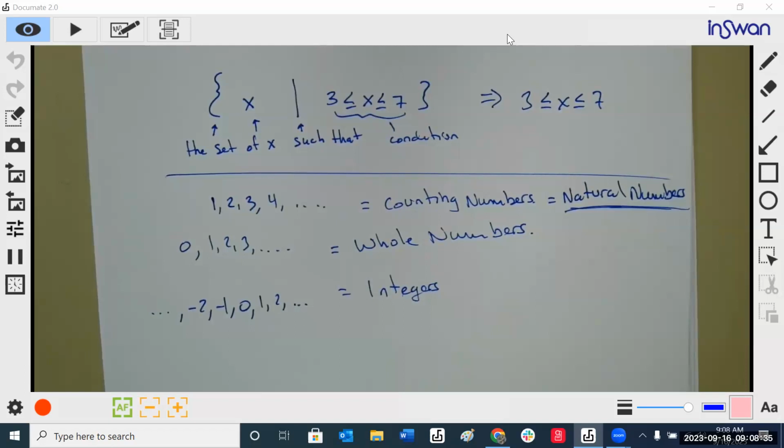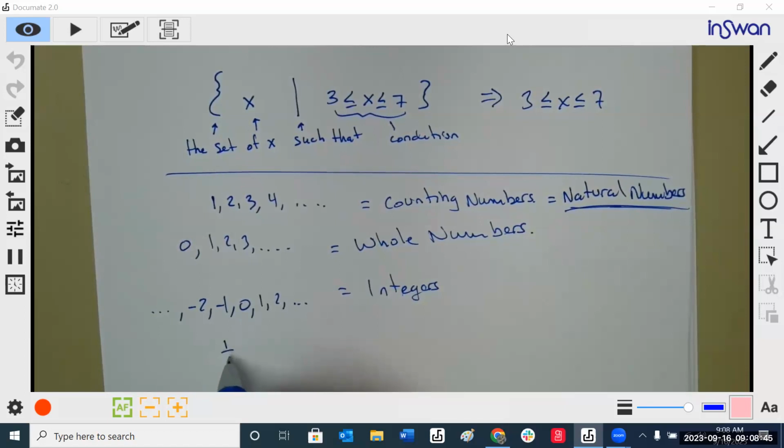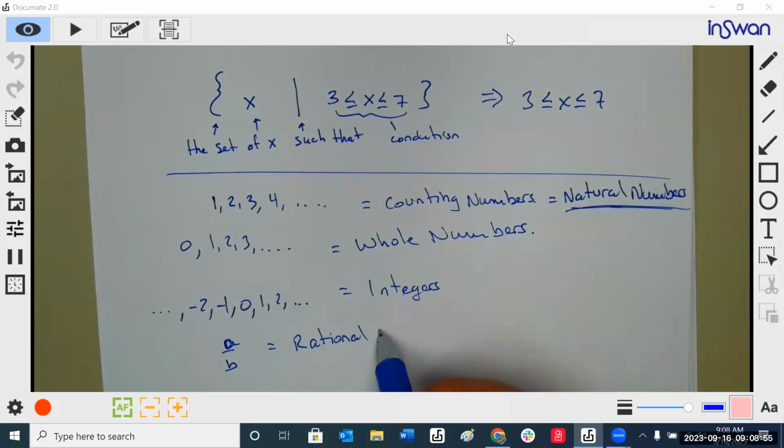But that's still not enough. What are we missing? We're missing numbers between 1 and 2, between 0 and 1. We're missing fractions, which are called rational numbers.